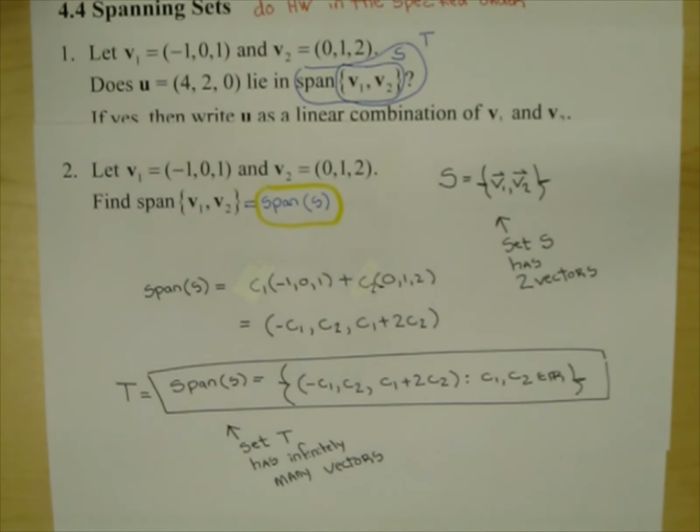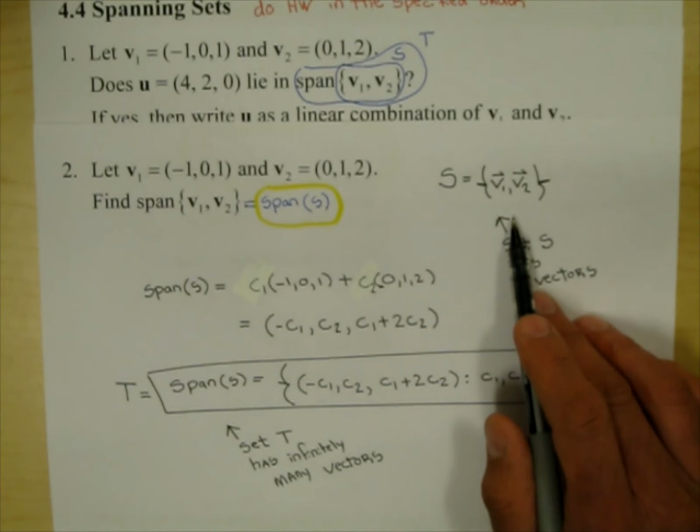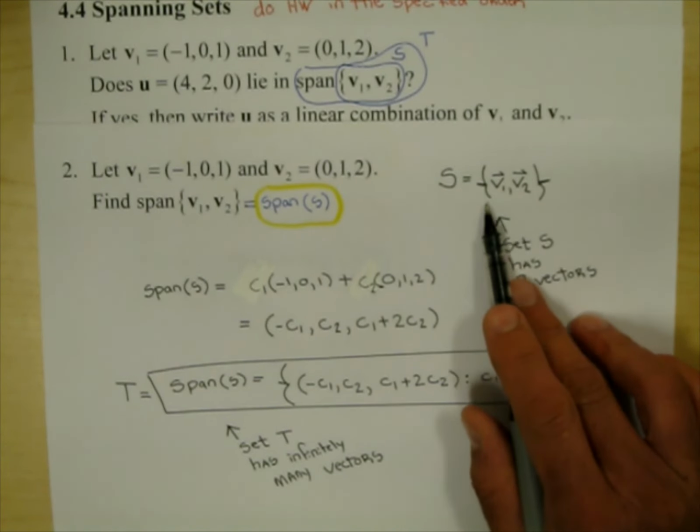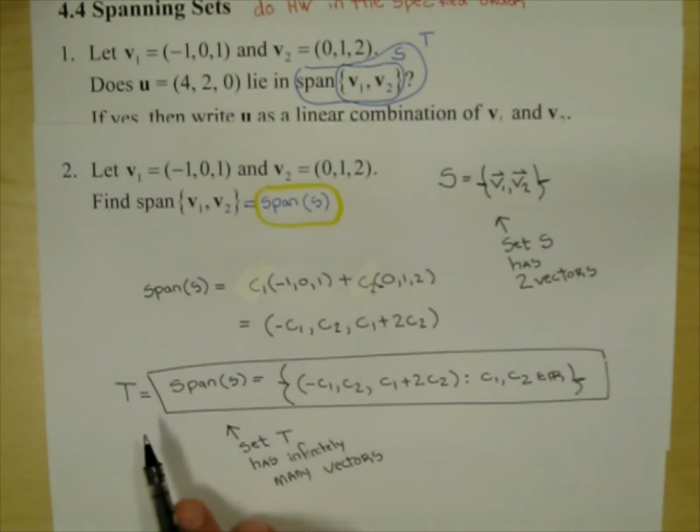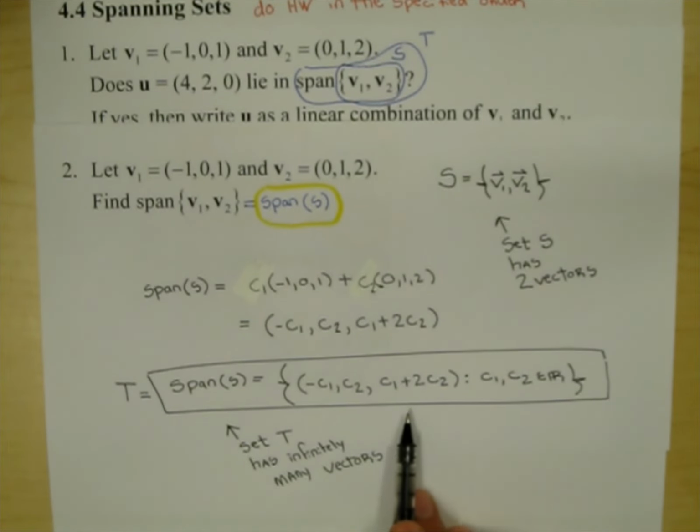So what I'm going to do is I'm going to call set S the seeds. These are the seeds that generate set T, all these vectors here. So what is set T? It has infinitely many vectors. This is a plane.